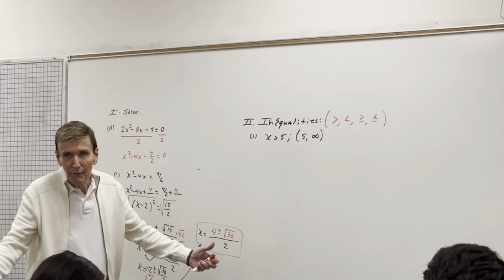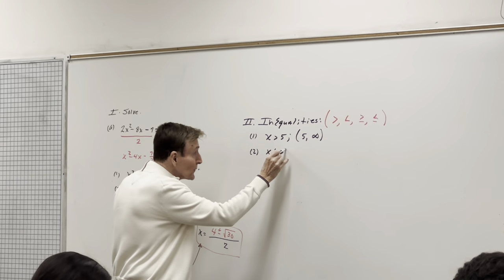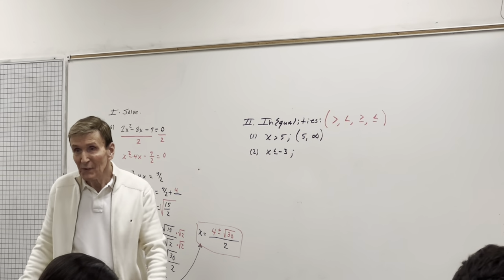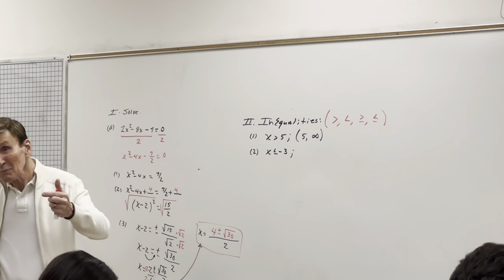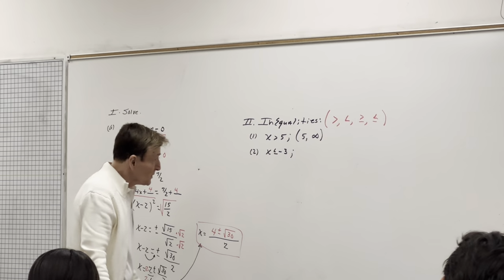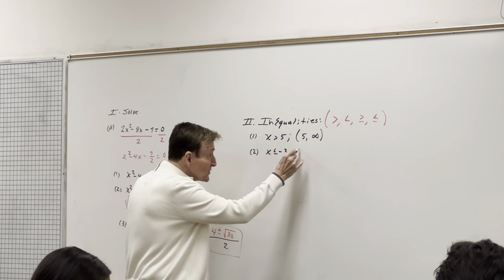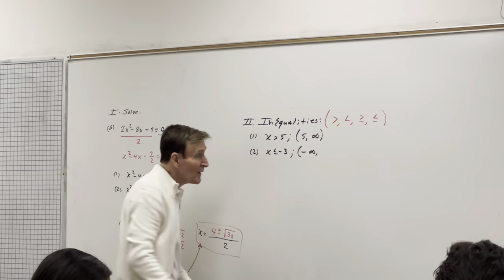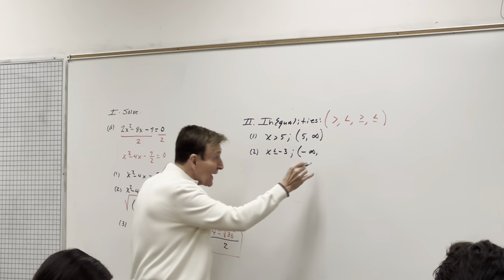Number 2, if I should end up with, say, x is less than or equal to -3, I'd like to express it with interval notation, with the infinity maybe coming up somewhere. Guys, x is less than or equal to -3, be careful. It says everything to the left of -3. So it's negative infinity up to -3.